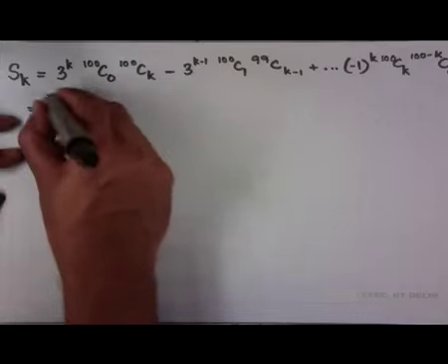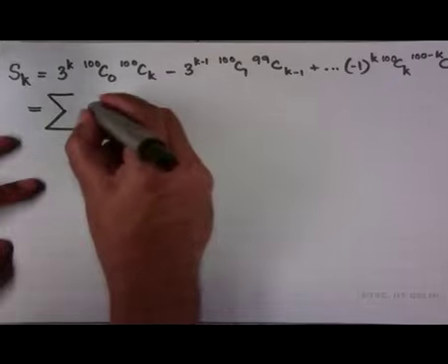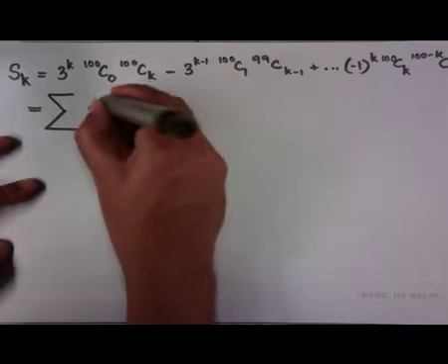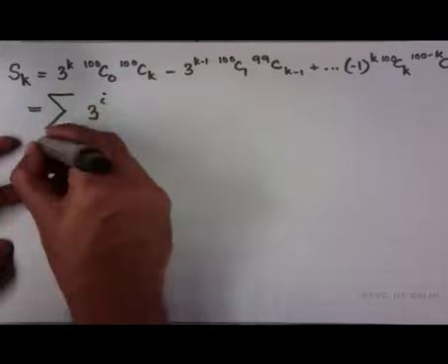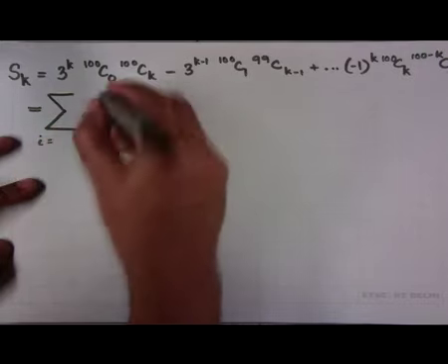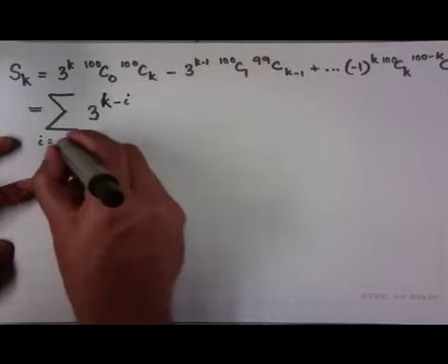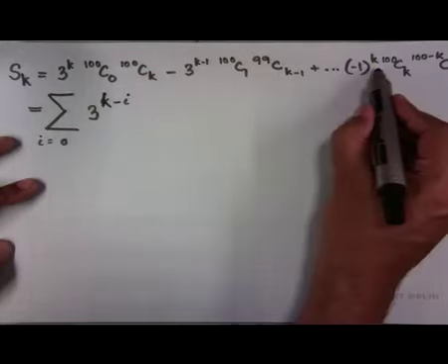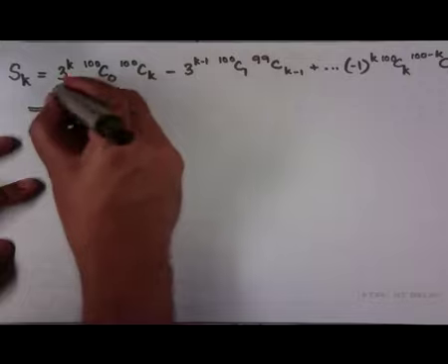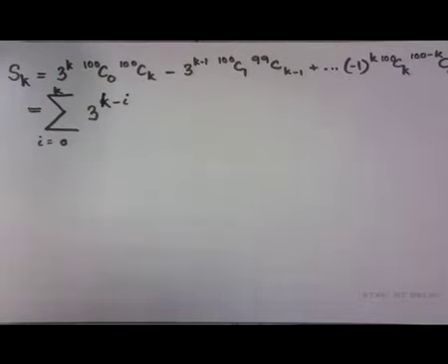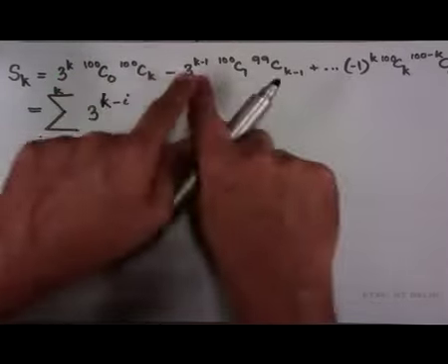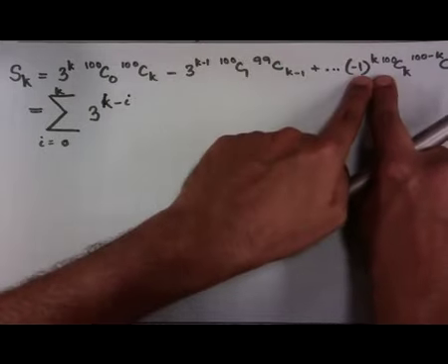So, this is a sum of many terms, right. It is the sum of many terms. Let us say 3 power k minus i, where i goes from 0 all the way till k. Do you agree?